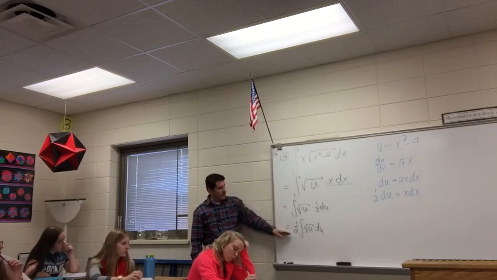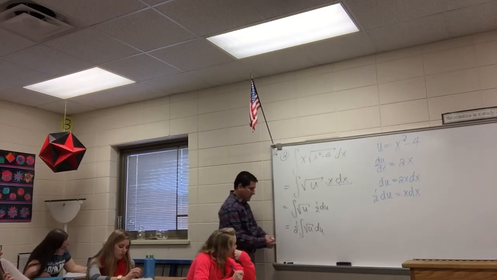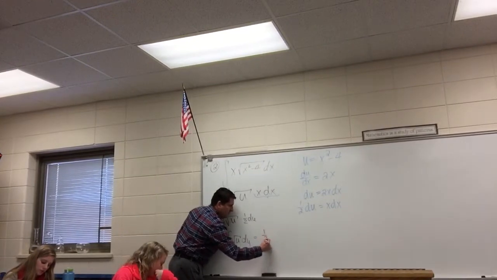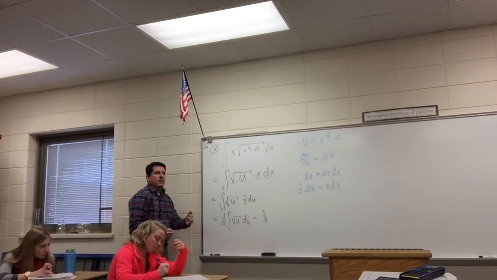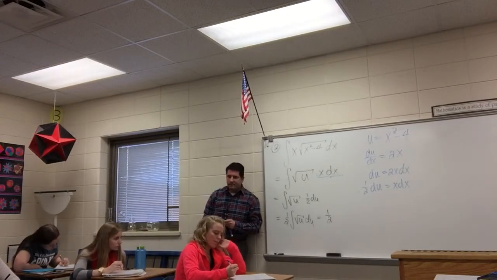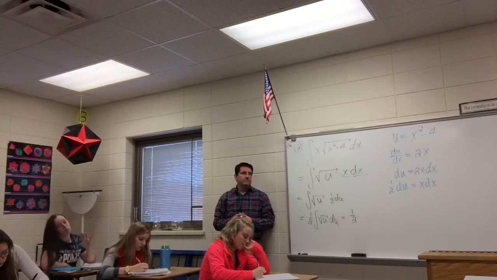These are the same integrals. It's crazy. Okay, so let's do this. What's the integral of a square root? That one's one that I want. Go get it. What's the integral of the square root of u?